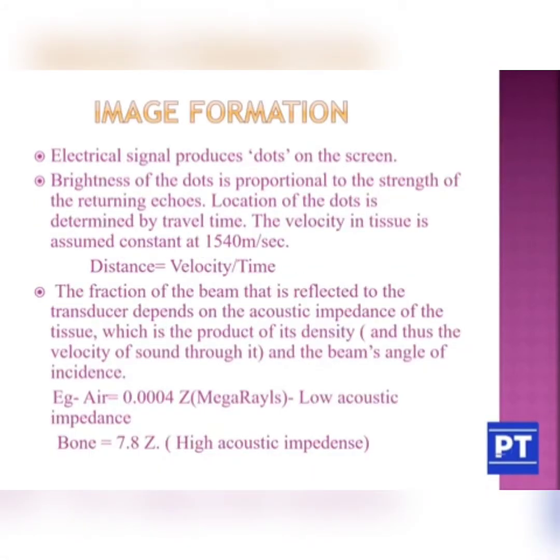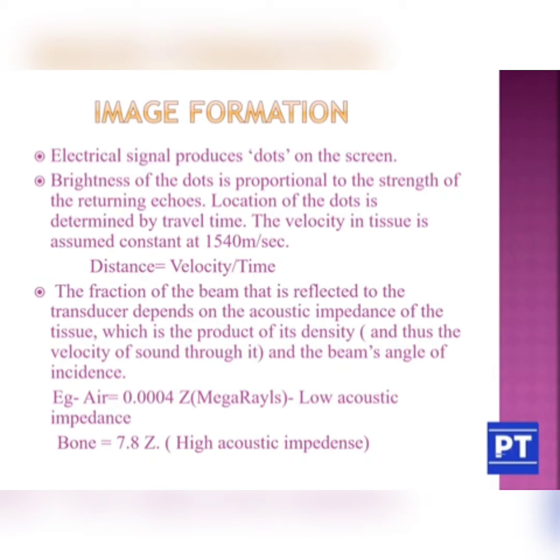Again, let us see the image formation in ultrasound. The electric signal produces dots on the screen. The sound waves pass through the body and the returning echo comes back as an electrical signal, and these electrical signals produce dots on the screen.